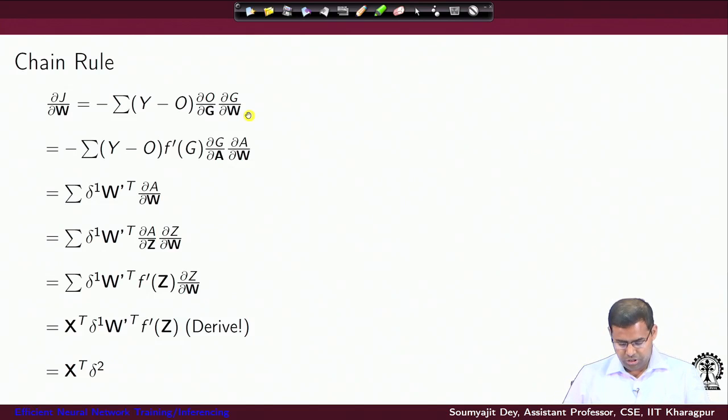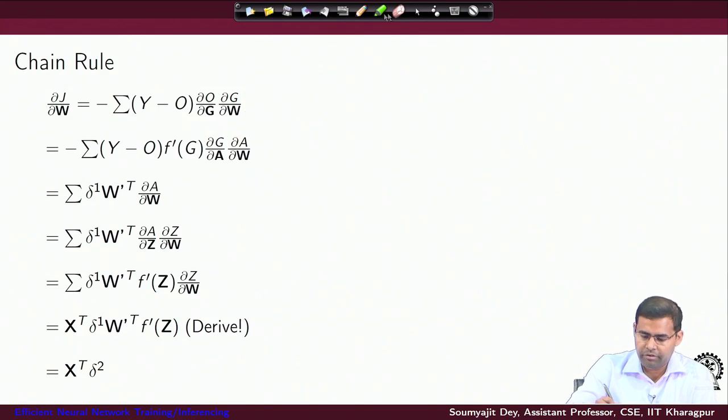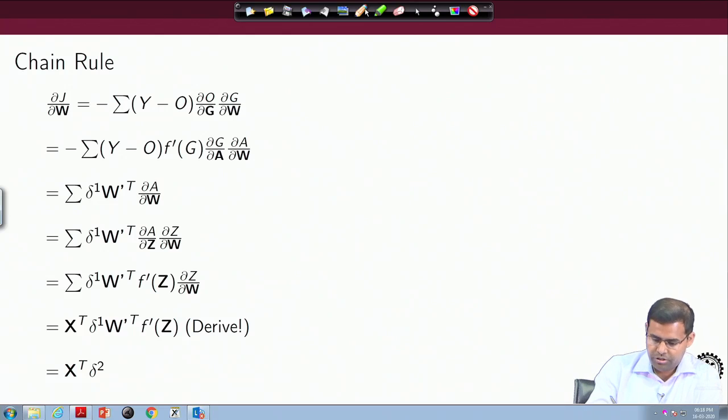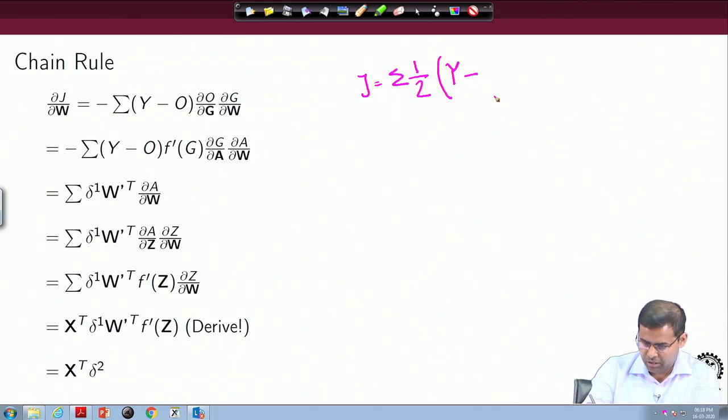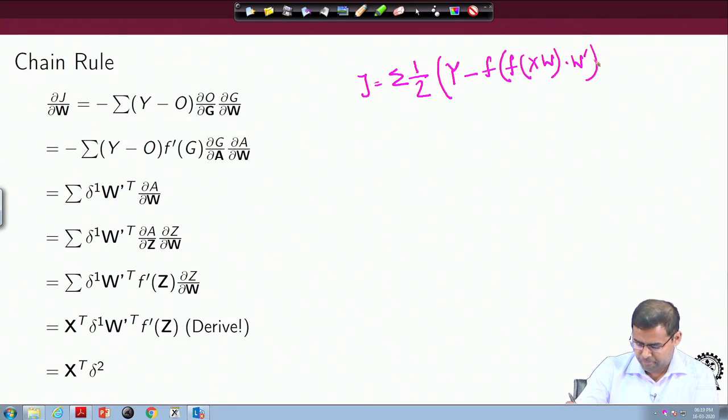So, if we just elaborate the left hand side here, so essentially what you will get is j is summation half y minus, I am just writing the o part in the expanded form, right.